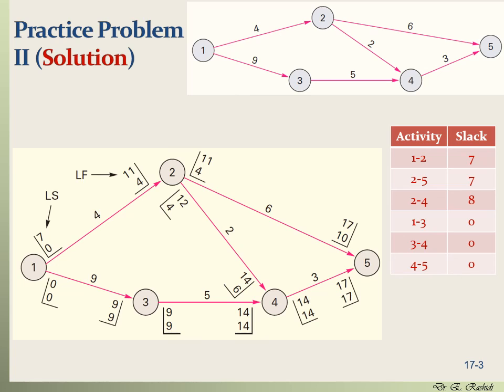So you have to be careful when you want to apply the slacks. We compute the slacks individually and in isolation for each activity, but when you want to apply it, you have to be careful of the predecessor and also what comes after the activity that you want to delay.